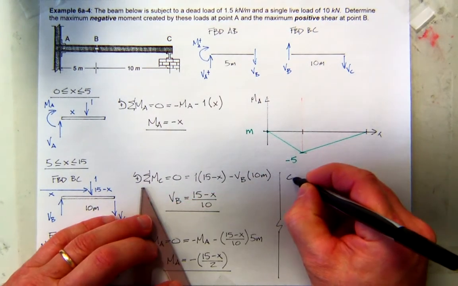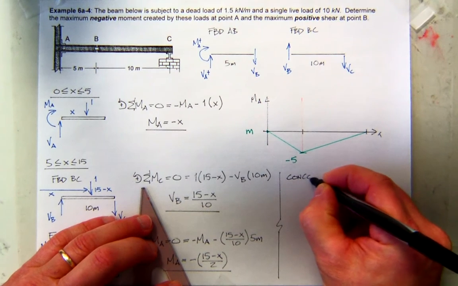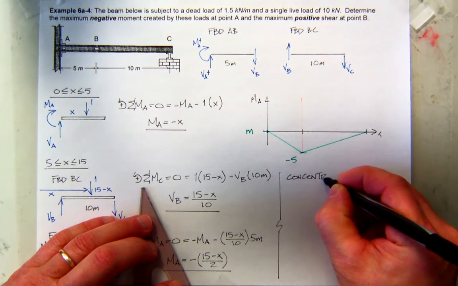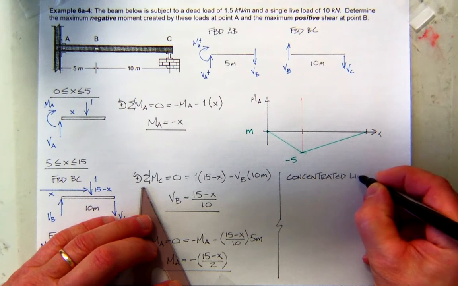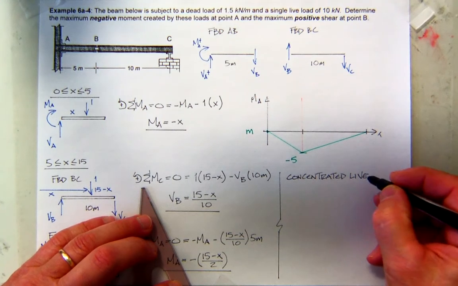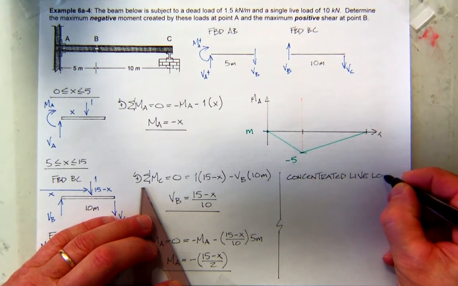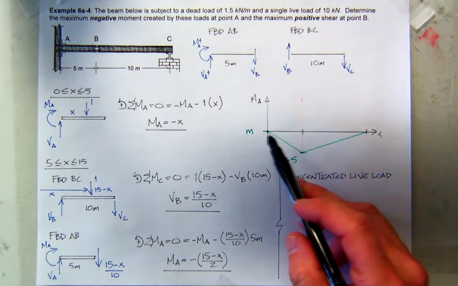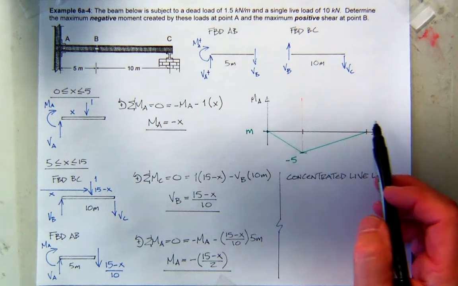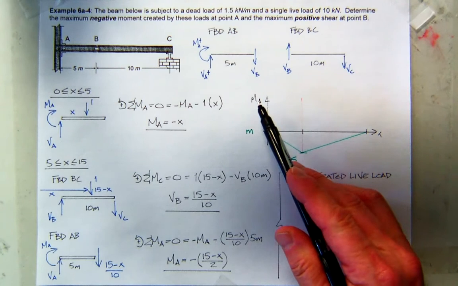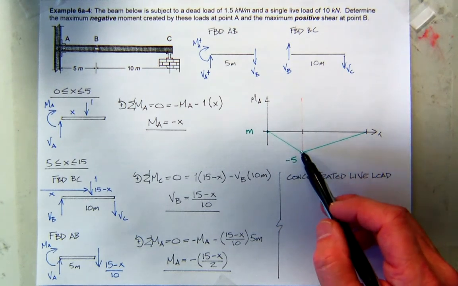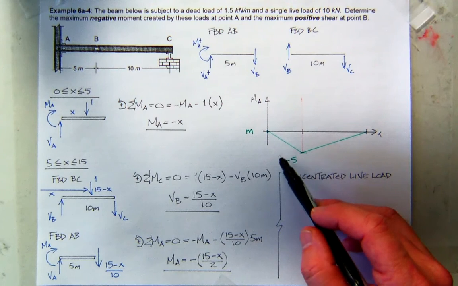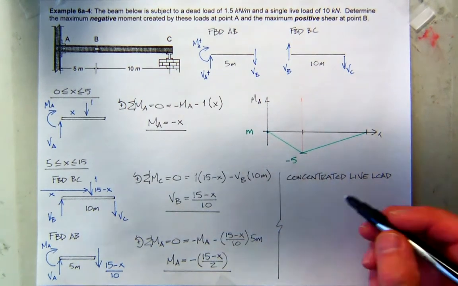So for the concentrated live load, it has a value of what? 10 kilonewtons. Where would I put my single 10 kilonewton live force to create the maximum moment at A? Well, you take the maximum value, and it'd be right here at B, and it has a value of minus 5 meters.